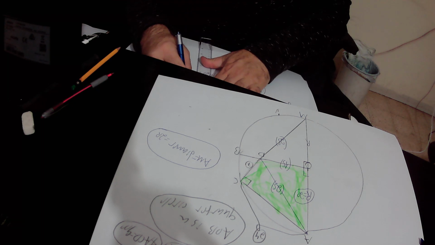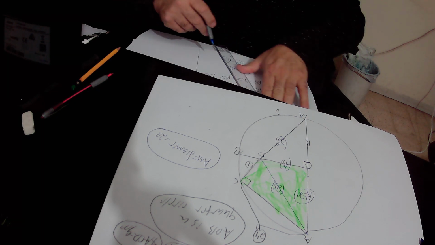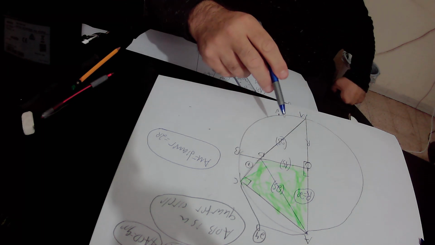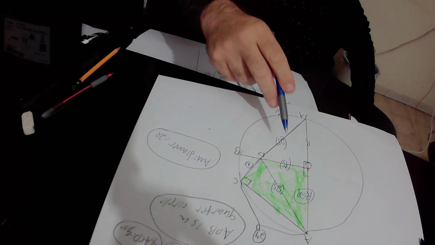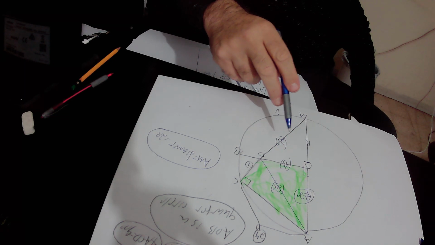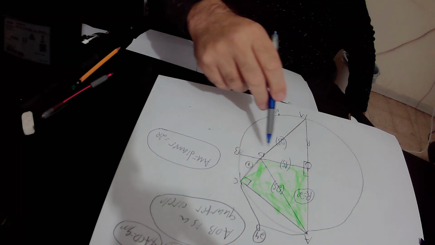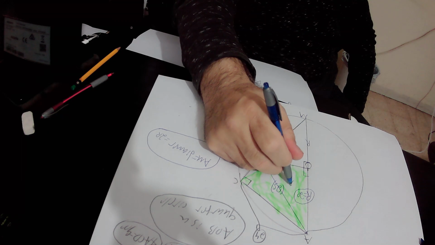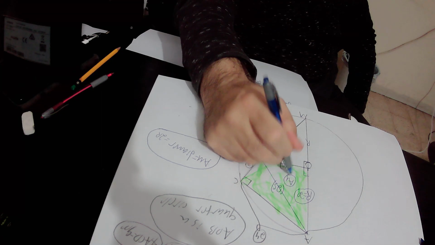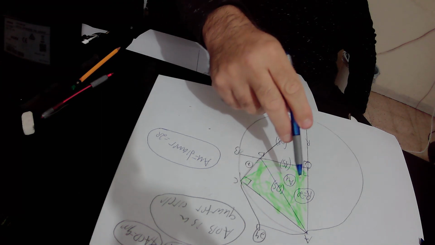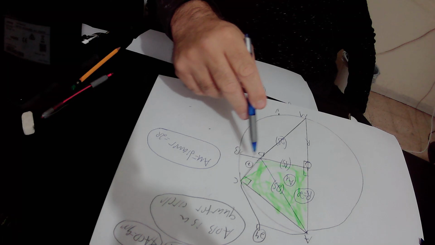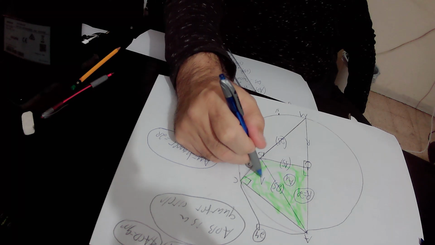Our mission is to find the area of this green shape. We divide the area of the green shape into two parts. The first part will be the area of the right triangle AOD, that will be A1, plus the area of the right triangle ACD, which will be A2.